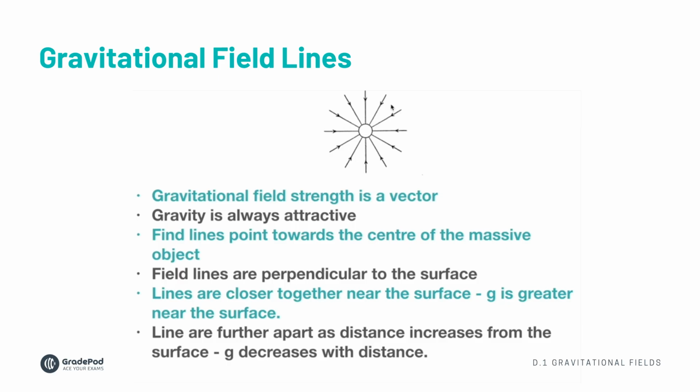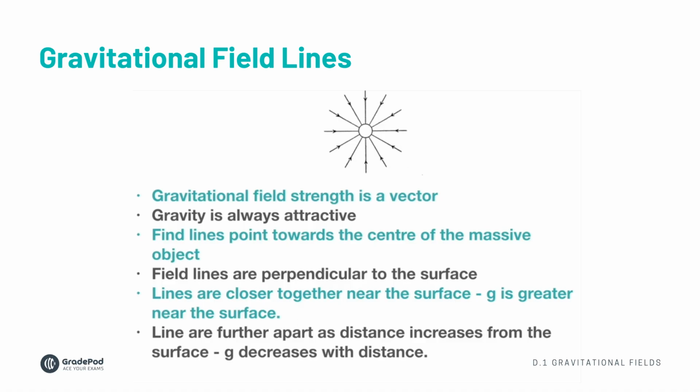And as we increase the distance from the large mass, you can see that the distance between the gravitational field lines is greater, which means that the gravitational field strength is weaker. And that's why gravitational field strength decreases with distance from an object.